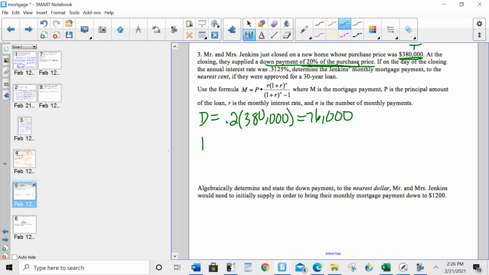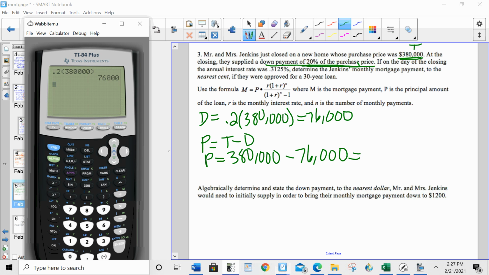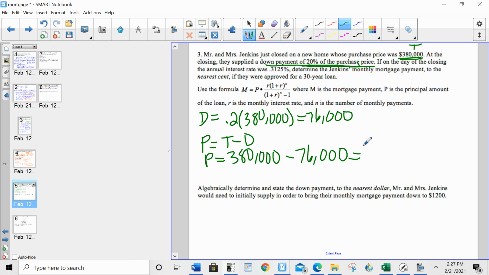Then my principal, P, is T minus D. So principal is going to be the total cost minus the down payment, which is 76,000. So 380,000 minus 76,000 is 304,000.